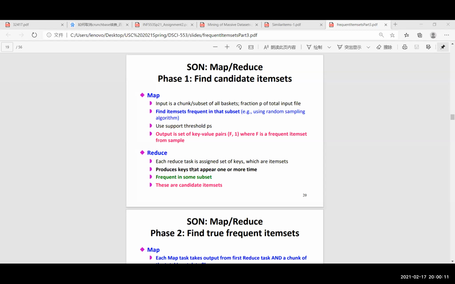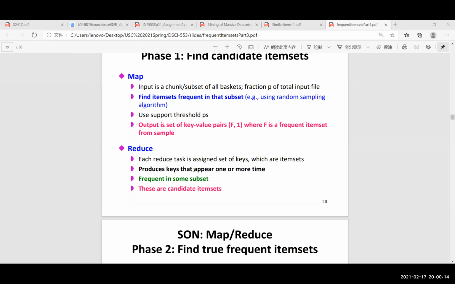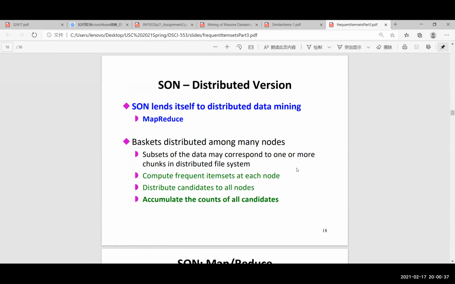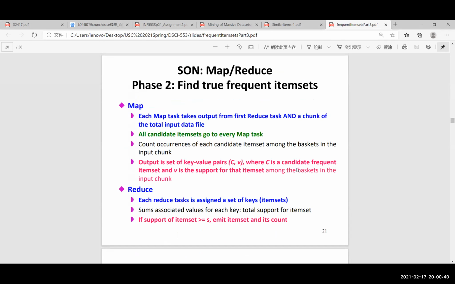This is the MapReduce part. So what's the question? How to eliminate the false positives? If you look at the second pass, it counts the candidates again.